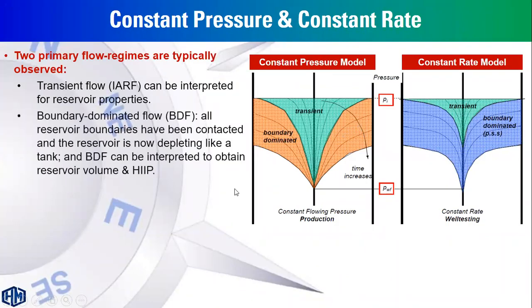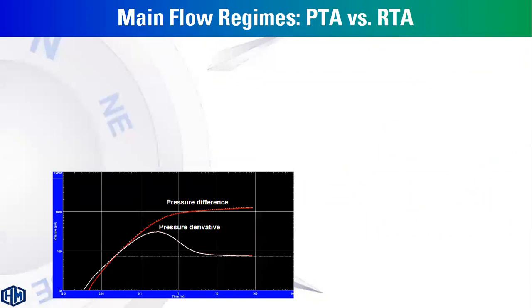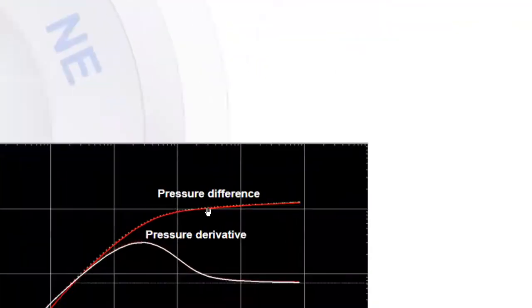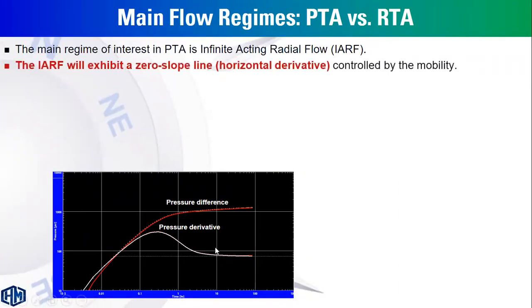So as mentioned, we have the flow regimes: infinite acting radial flow or transient, and boundary dominated flow. The main flow regime for PTA is the infinite acting radial flow. We have the pressure difference curve and the pressure derivative, and we have a homogeneous reservoir.